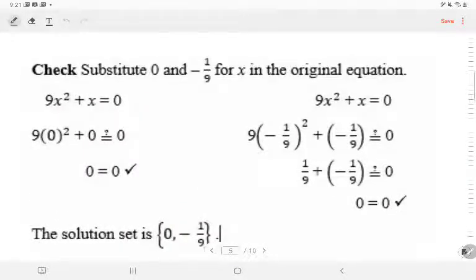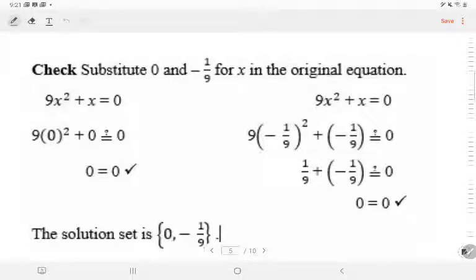Then to check the solution, that was part 2, we would go back to the original equation, 9x squared plus x equals 0. We plug 0 in. We would end up with 0 equals 0. And plug negative 1/9 in.